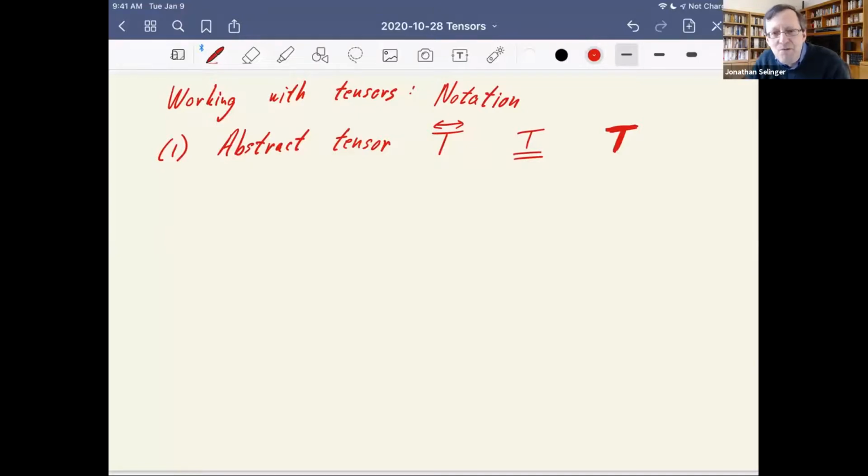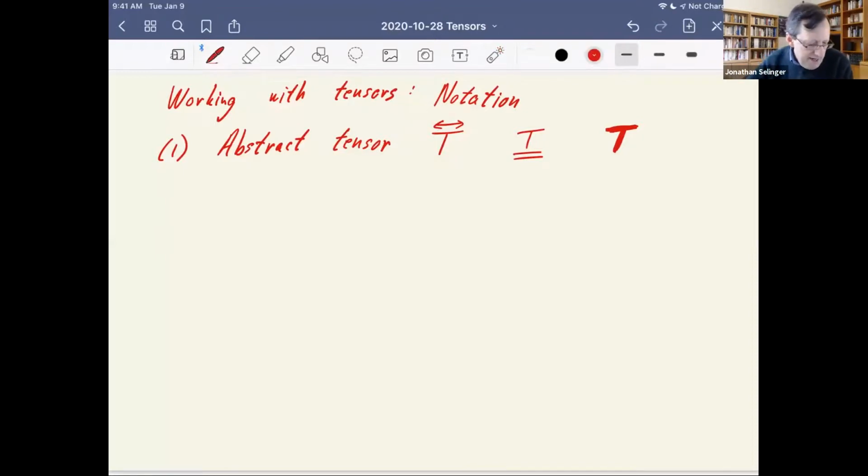When you see something in boldface, you can't tell whether it means a vector or a tensor. You have to figure it out from context. Okay, but right now, for these classes, I will write it like this with the double-headed arrow, unless, of course, I forget, and then you can remind me.